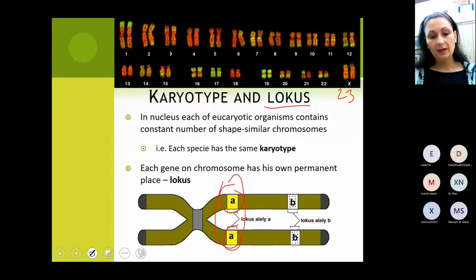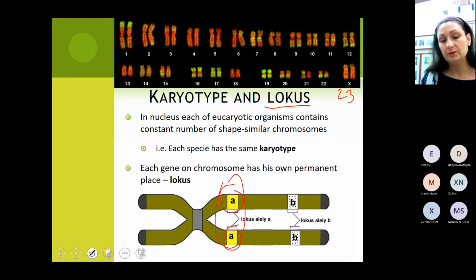If we get back to humans and compare the number of chromosomes of chimpanzees, our closest relatives in the animal world, they have 48 chromosomes. We have one pair less, so we have 46.